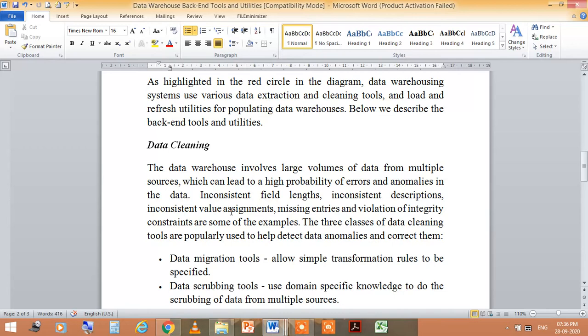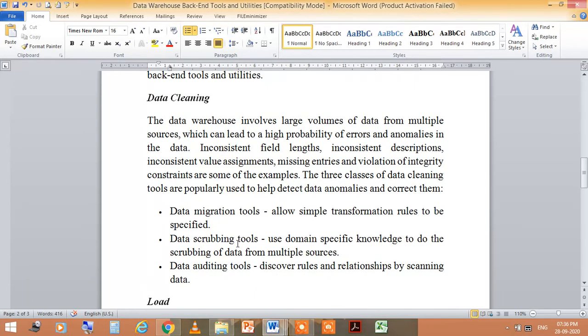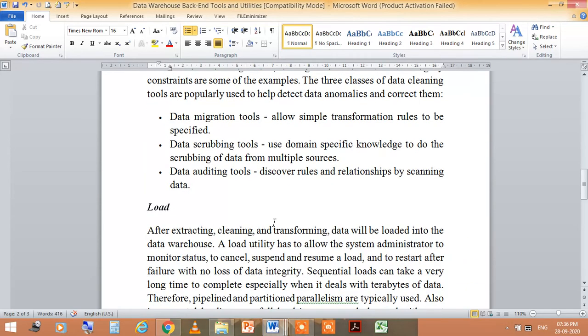So three classes of data cleaning tools are popularly used to help detect data anomalies and correct them. Data migration tools allow simple transformation rules to be specified, data scrubbing tools use domain specific knowledge to scrub data from multiple sources, and data auditing tools discover rules and relationships by scanning data.